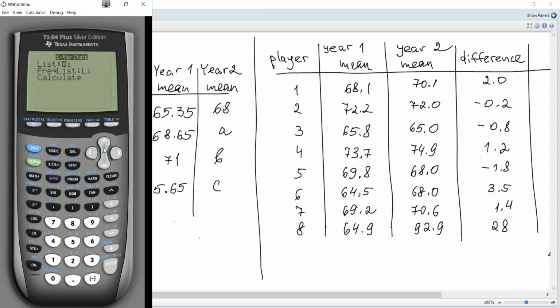It's L2, frequency it's L3, and we get the result, and you can see that Q1 is 68, is given, the median 70.35, and Q3 is 73.45, and by definition Q3 minus Q1 is the interquartile range.